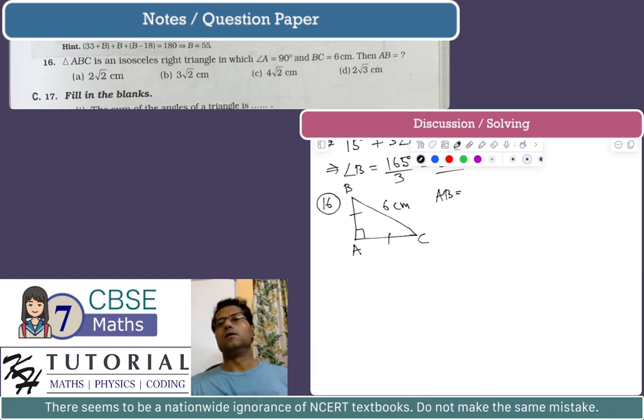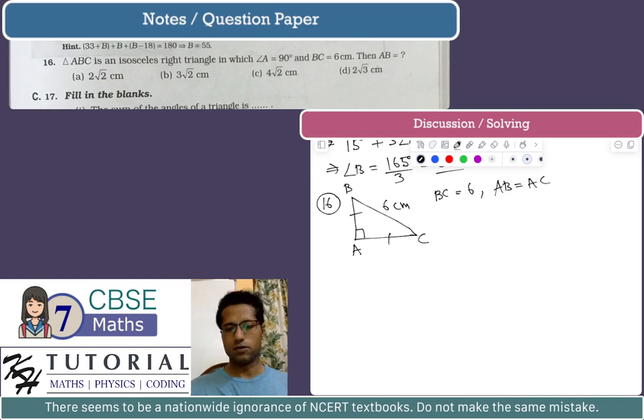So the only 2 equal sides could be AB and AC. Sorry, not AB is 6, but BC is 6. The hypotenuse is BC. Also we know that AB is equal to AC.